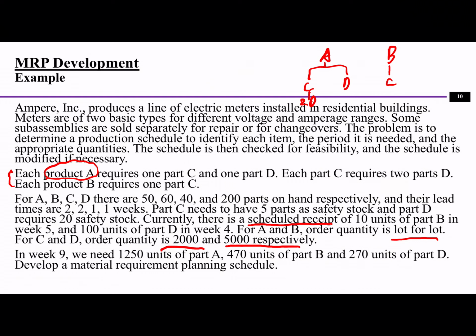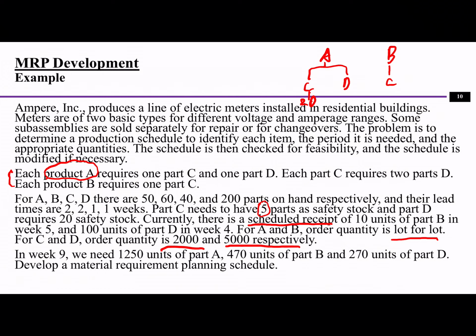All right, we understand what safety stock is. Safety stock means you always have to reserve some parts that are not part of your planning. Say part C needs to have 5 parts as safety stock. These 5 parts should not be within your planning. They are always sitting there and can only be used when really needed.